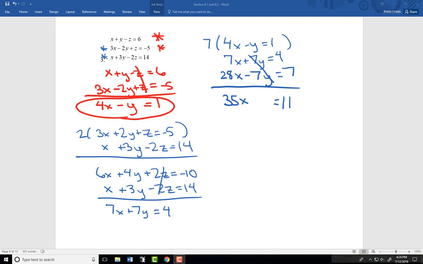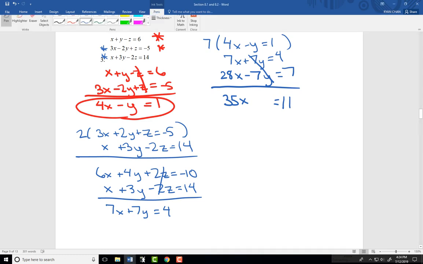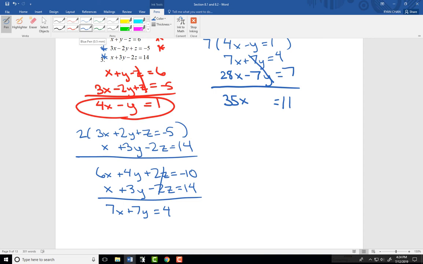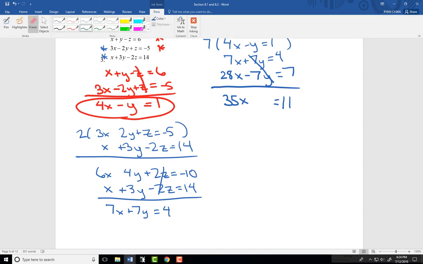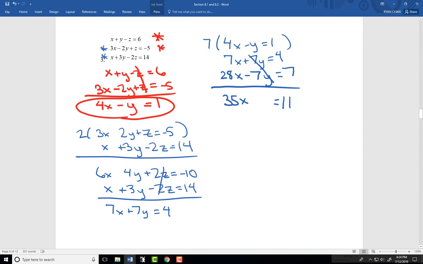Okay, sorry, I realized I made a mistake earlier. I misread that. That should be minus as opposed to plus. So this should be 2 times minus 2y.